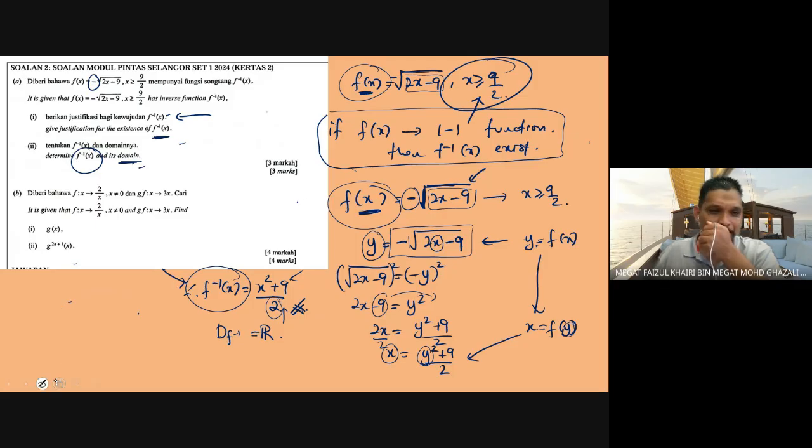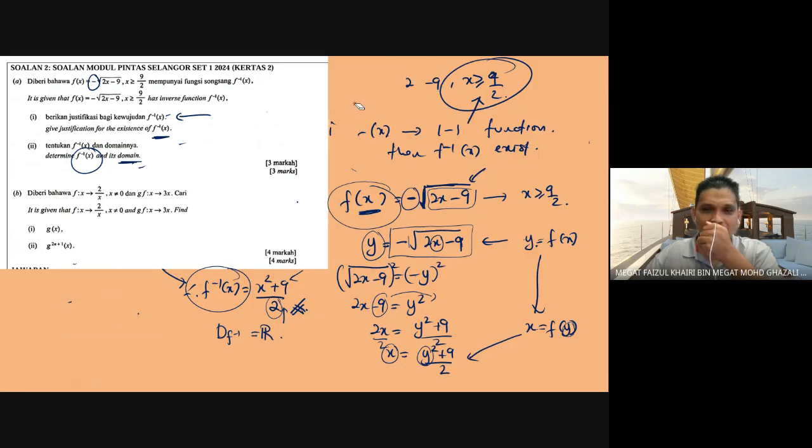Looking at f inverse, it seems that generally the domain is all values of x, but because we look at the original function f(x), negative square root of 2x minus 9, this is the graph.